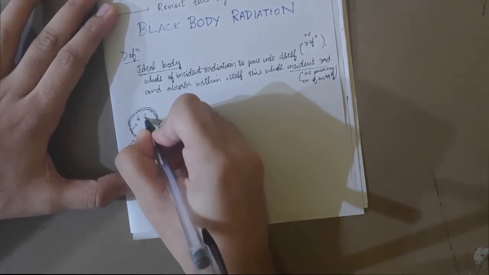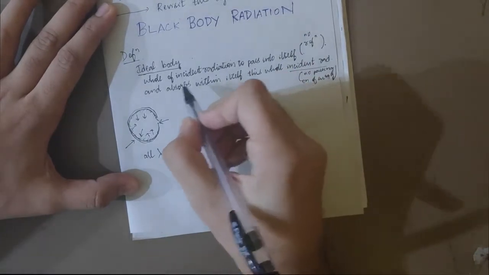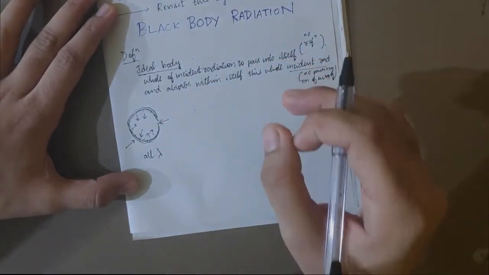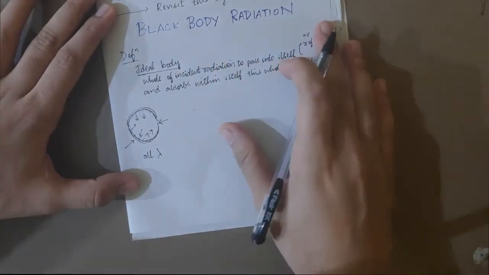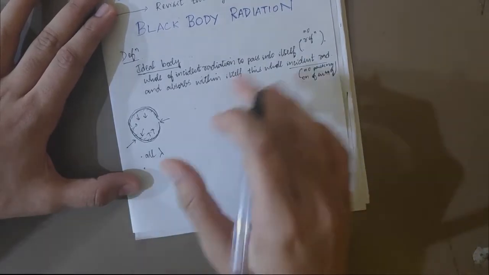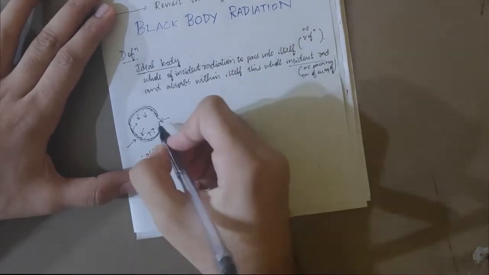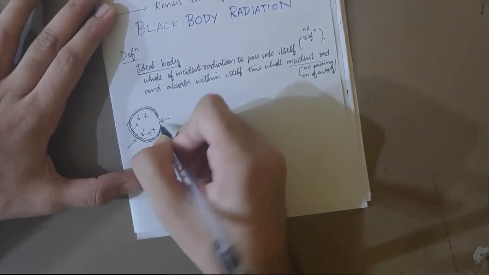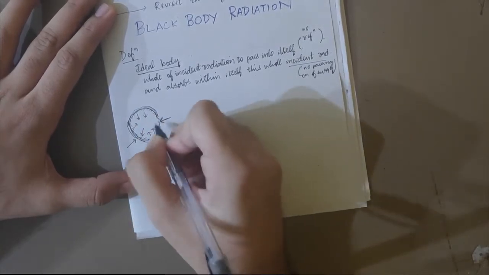So if light enters here, it is reflected in all directions from this point everywhere. This property of a black body to absorb all wavelengths of light at any angle of incidence is ideal and is characteristic of a black body.